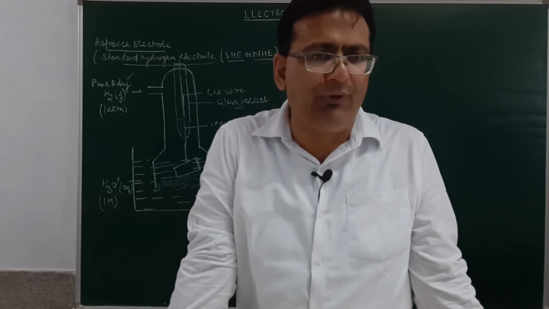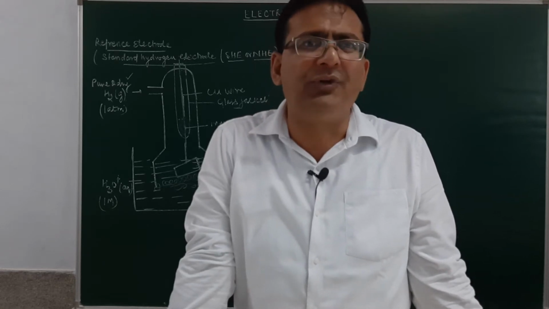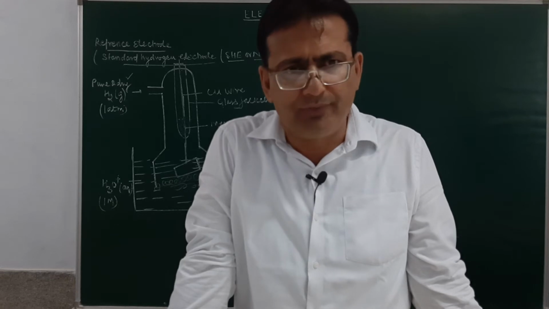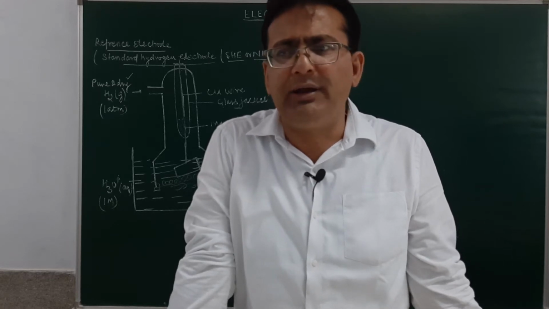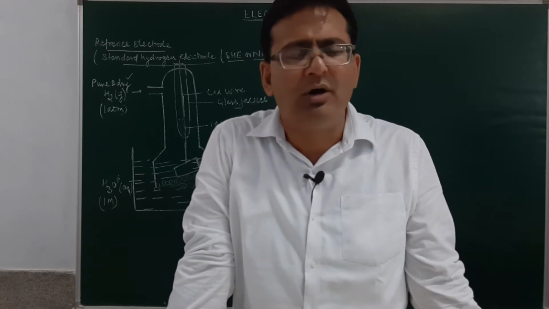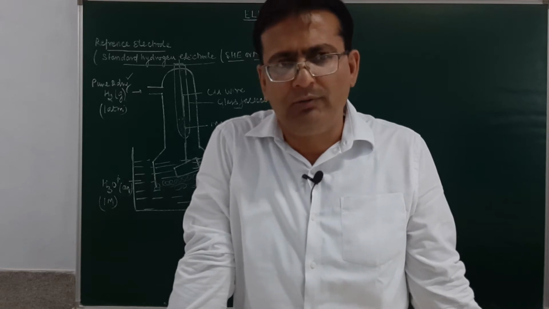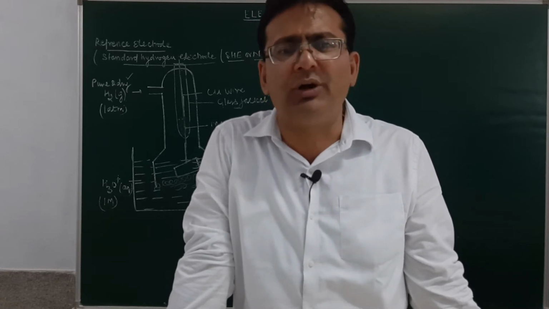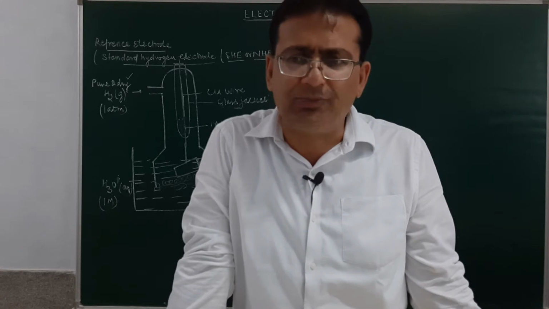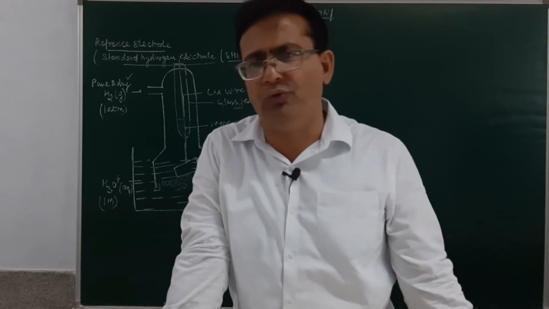In the case of the standard hydrogen electrode, that potential difference will be either an oxidation potential or a reduction potential, depending on the electrode it is connected with. Experimentally, it has been found to be 0 volt.